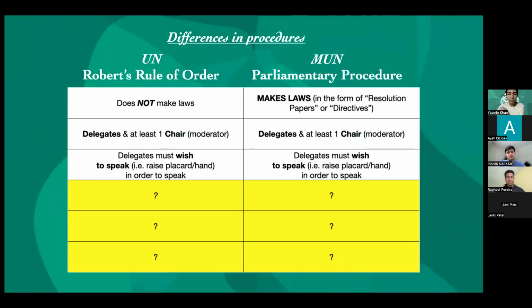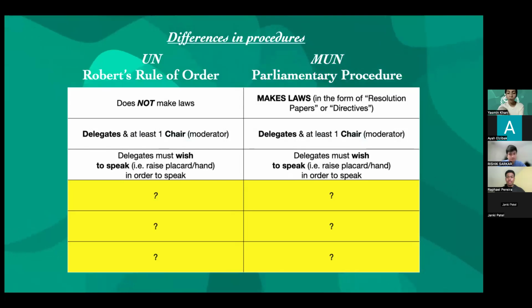So we see that they both have something similar. They have the people within the conference. They both need a moderator, or AKA a chair. We call it a chair, someone who moderates the discussion. And they both need the people who are involved in the debate, the delegates, right? The delegates are the people who are discussing and debating.